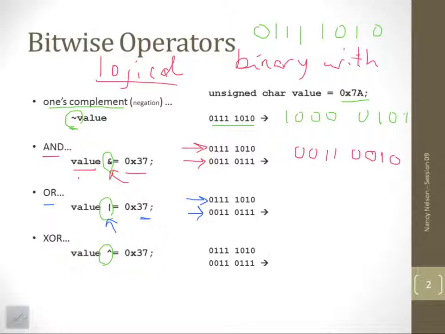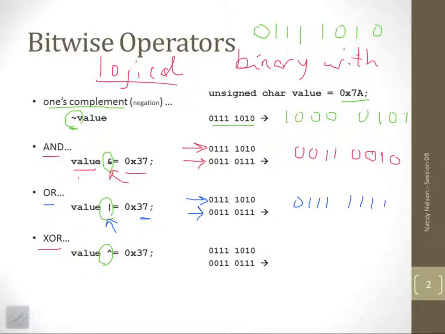So here we have a 1. Here we're going to get a 1, a 1, and a 1, a 1, a 1, and it's only this most significant bit where we don't have a 1 in either value. So our output here is going to be 0, 1, 1, 1, 1, 1, 1, 1.